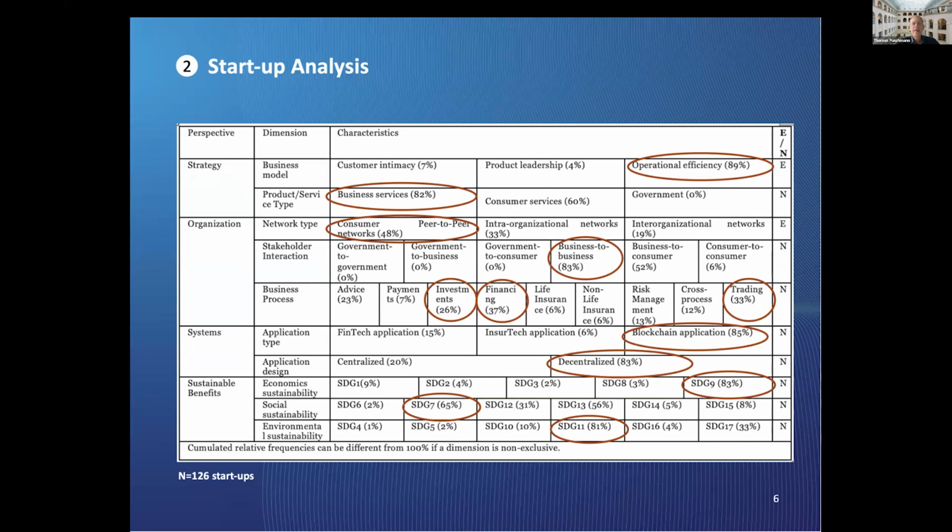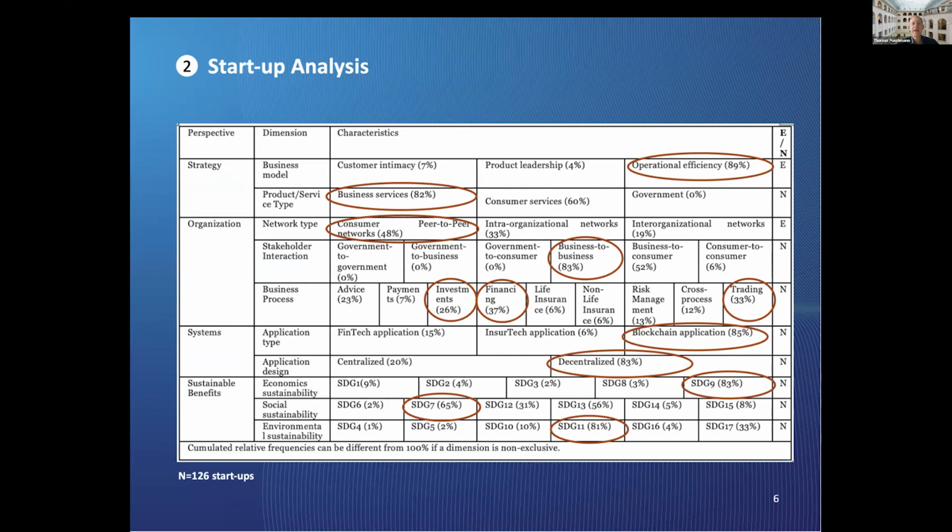And you can see the percentages here in brackets. So for example, 7% of the startups that we identified from the 126 focused on customer intimacy as a business model. 4% focused on product leadership, while 89% focused on operational efficiency.